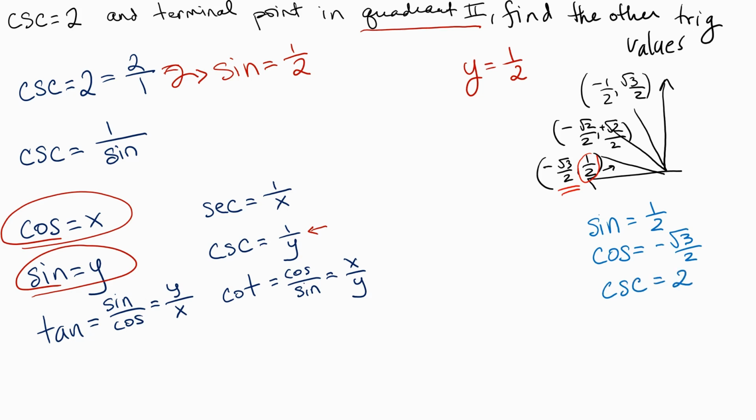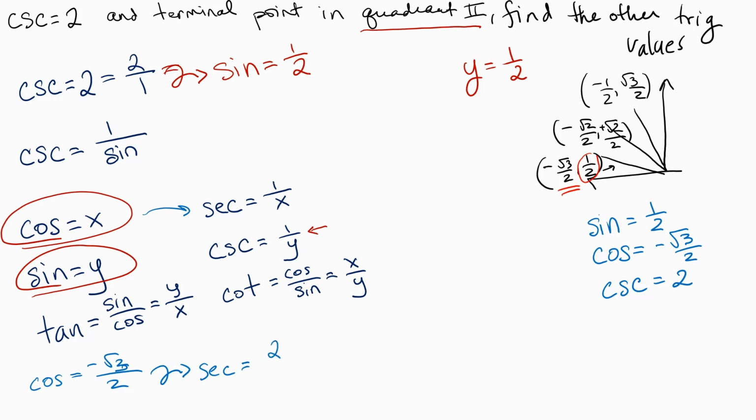All right, now if we wanted to find secant, because we have cosine, we are going to do 1 over x. Okay, so we're going to take a moment and actually solve for that. So if cosine is equal to negative root 3 over 2, then secant is going to be the opposite.